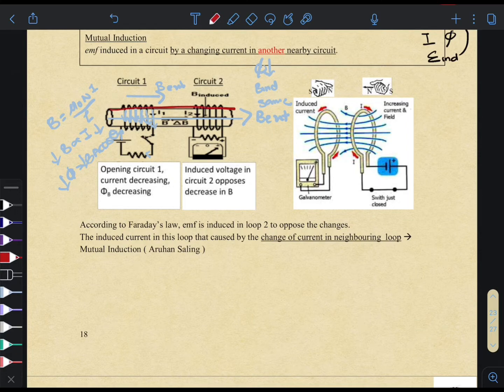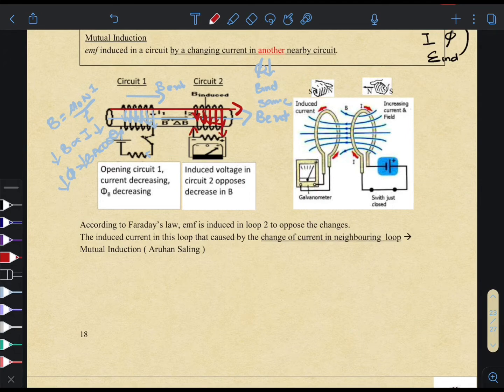So kita akan produce B induced yang ke kanan juga. This is the direction of your B induced. Once you have deduced the B induced, kita boleh ada current being induced using the right hand grip rule. So the current is going to flow such that dia akan turun ke bawah di hadapan coil ini. When you grip your fingers, you get your current going down.